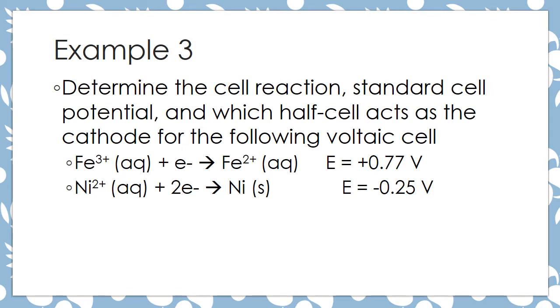And remember, we want the reduction potential of the reduced electrode minus the reduction potential of the oxidized. So since the 0.77 has to come first, that means the 0.77 has to be where reduction is occurring. So iron has to be the reduced substance here, and nickel has to be where oxidation is occurring.